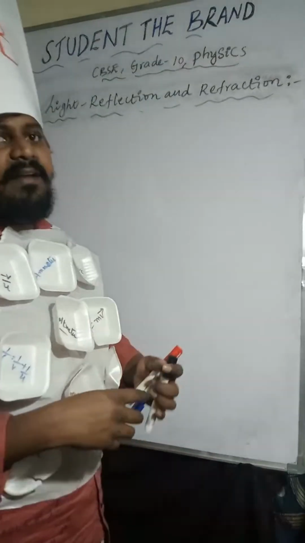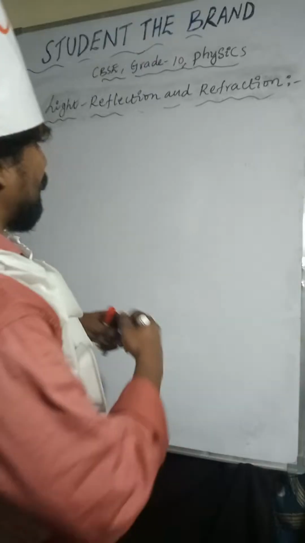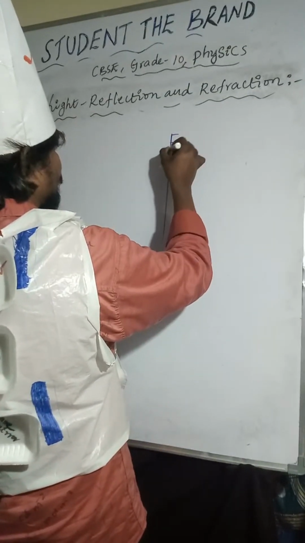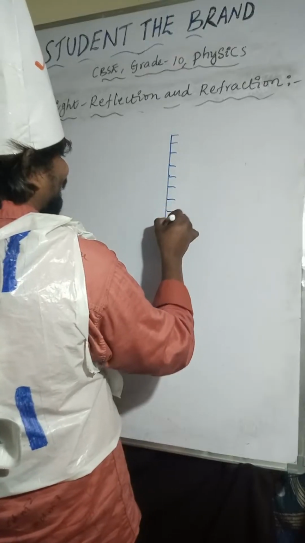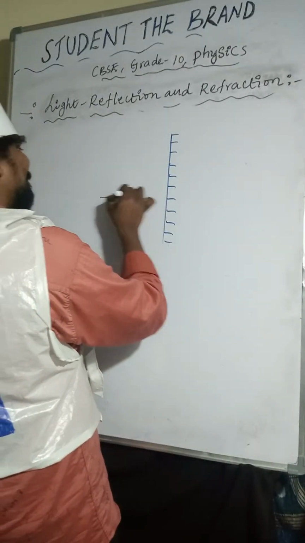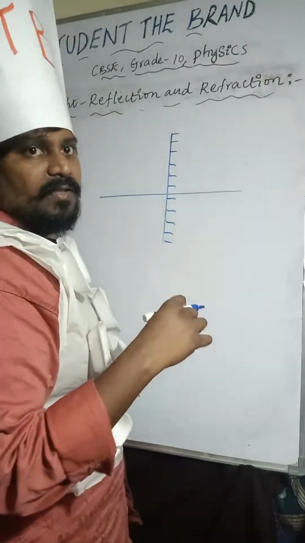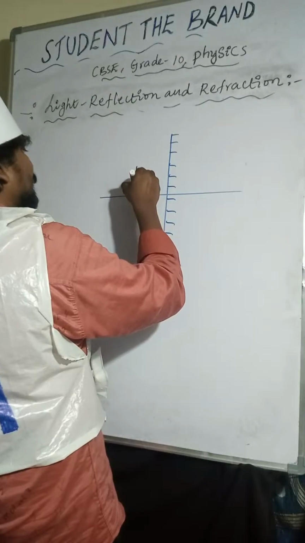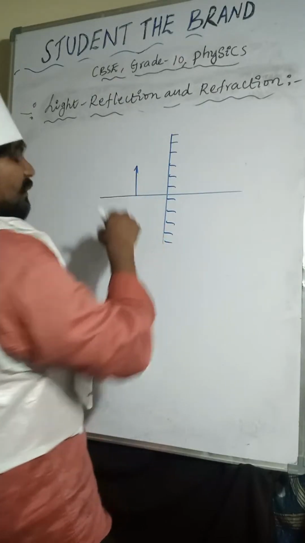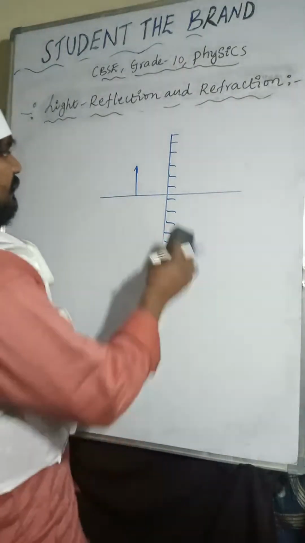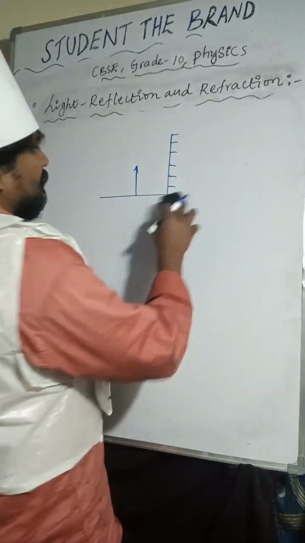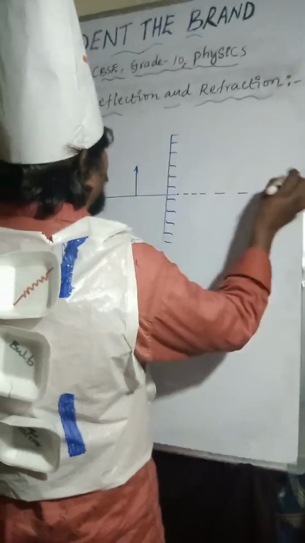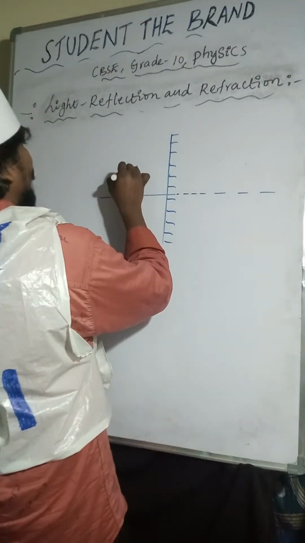I am considering here this is the plane mirror, and this is the object. AB is the height of the object.